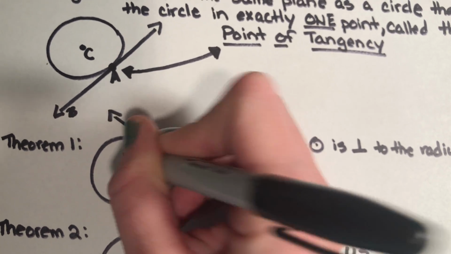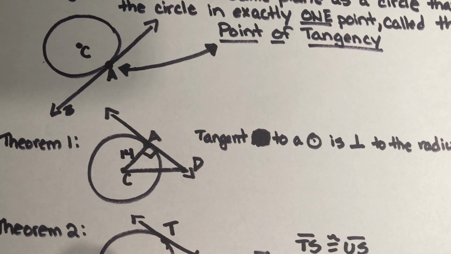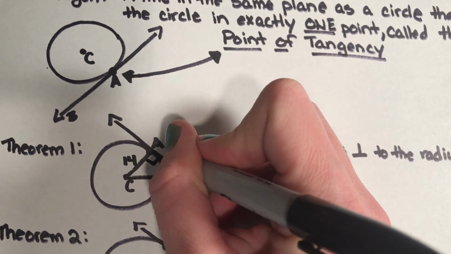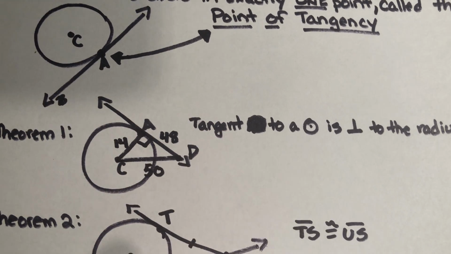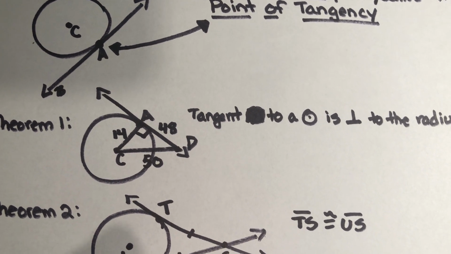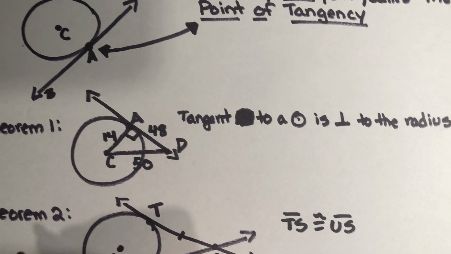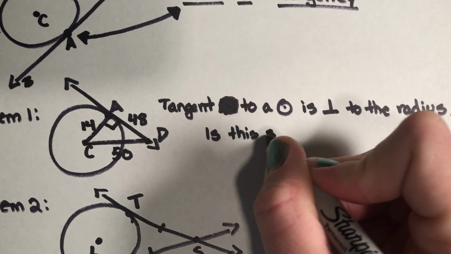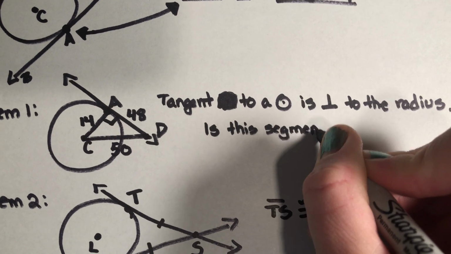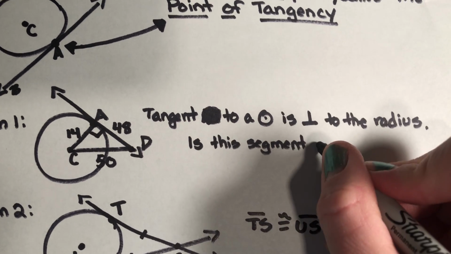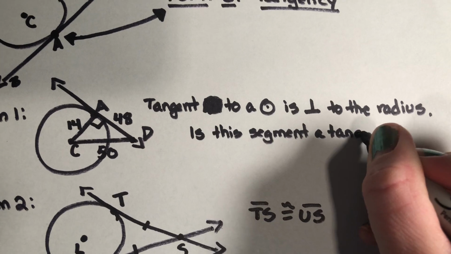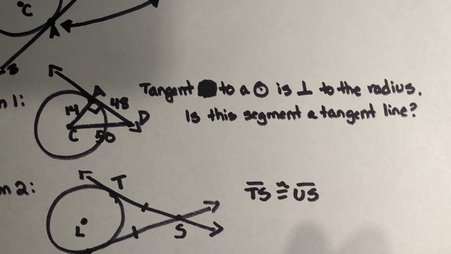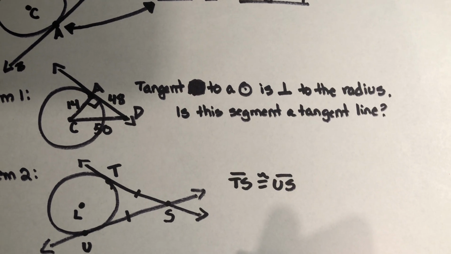So this is 14 right here. And our hypotenuse is 50, and this is going to be 48. What I want to know is, is this segment tangent to the circle? Is this segment a tangent line?